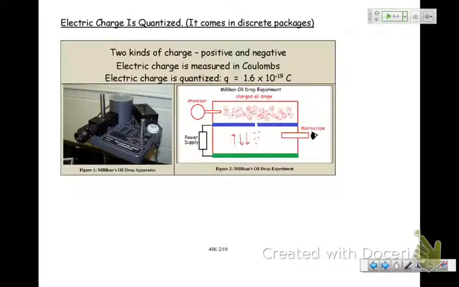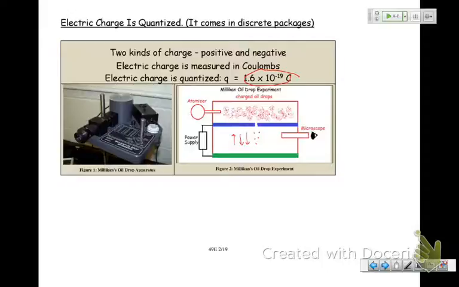He did not get 1.6 times 10 to the minus 19; he got some multiple of 1.6 times 10 to the minus 19. Because he did like 100 particles, he was eventually able to see that the smallest change was 1.6 times 10 to the minus 19. He said, well, that must be the unit, the quantization, the building block of negative charge.